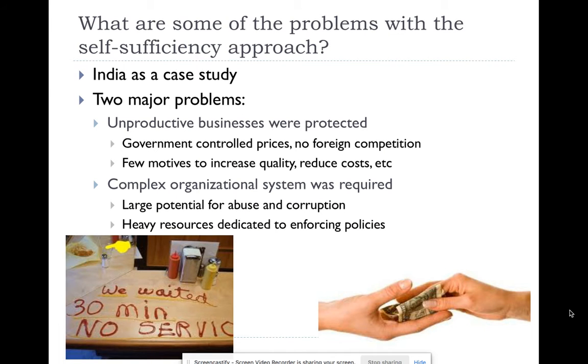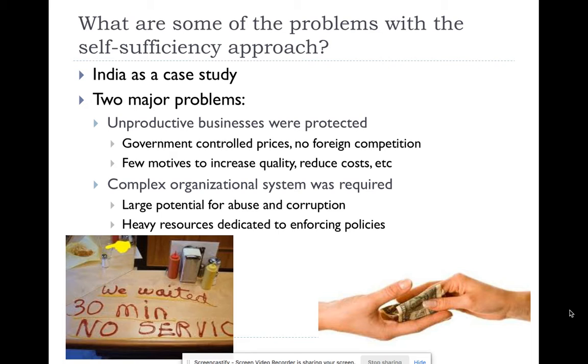And so a little bit more in depth here, guys, with the self-sufficiency approach. One of the best case studies of this was India. Now, this is a historical approach because we don't see it today. India has become globalized as well. But India at one point did try the self-sufficiency approach. And the idea was that two major problems came up. Number one, unproductive businesses in the country of India were protected.